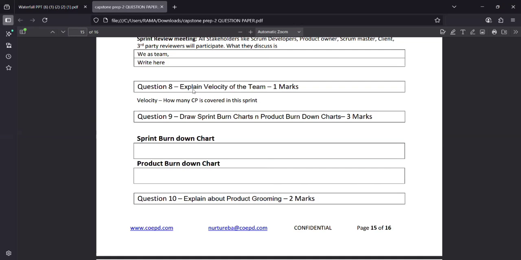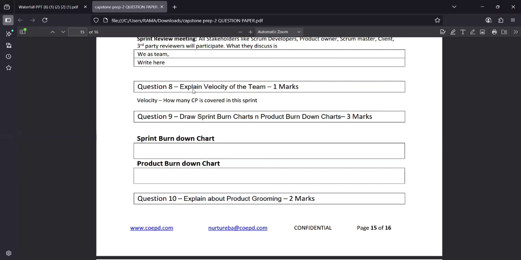Just go through it and watch the Jira awareness session, so you can come to know how to draw the sprint burn down and burn up charts. The product burn down chart is not available in the free version of Jira, but you can draw the sprint burn down chart and sprint burn up chart. There you can find velocity also, so you can come to know how to draw the velocity chart too.